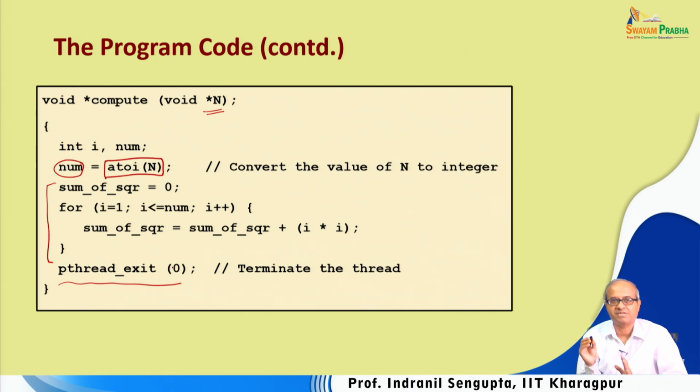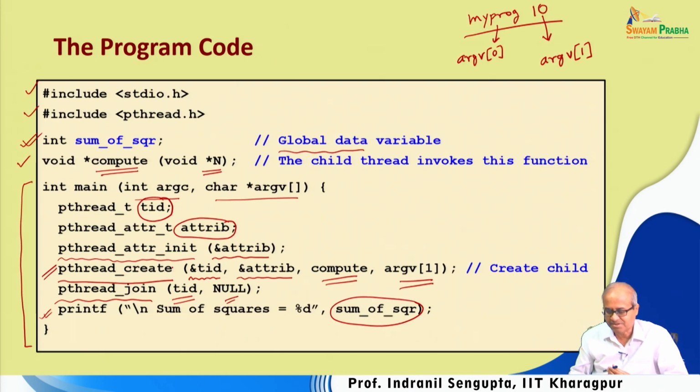Okay. This is how it works. Now, you see in the previous slide, when you use this pthread create, you can create as many threads as you want. In a for loop, you can create 10, 100, 1000 threads as you want. For each of the 100 threads you can specify what you want to compute and with what parameter.